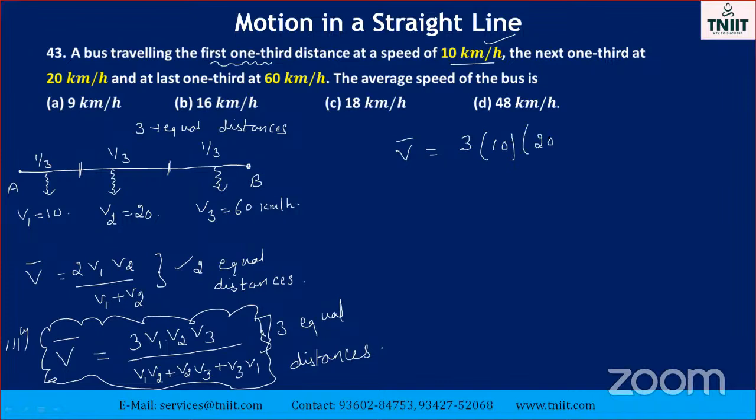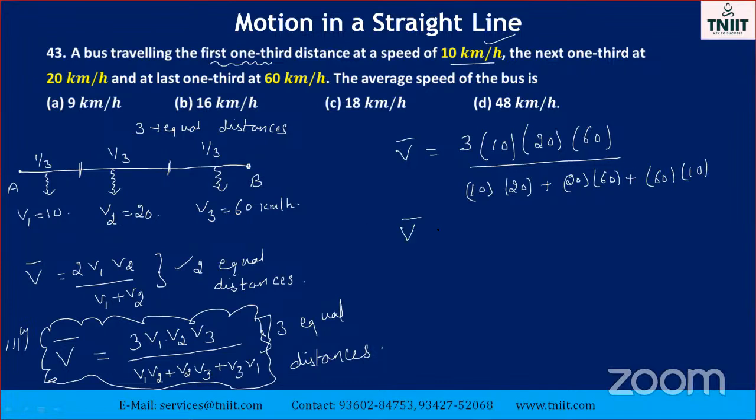Into V2 is 20 into V3 is 60, divided by V1 V2, that is 10 into 20, plus V2 V3, that is 20 into 60, plus V3 V1, that is 60 into 10.